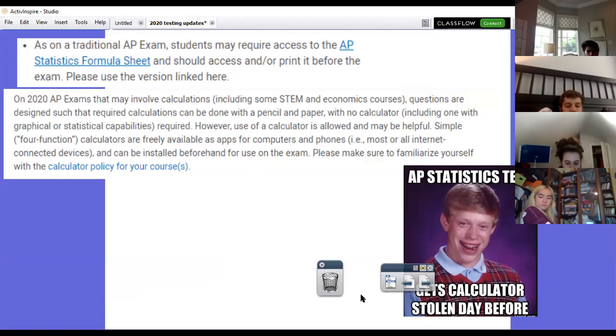So if we can get the CAS or the TI Nspire CX or the CAS, the ones that we use in class, I'll get that to you. But if not, I'll have some kind of calculator that you can use. I'm not trying to read too much into how much they are going to ask us to calculate, how much we need to be able to use the formulas. But that's information that I thought you would want to have.